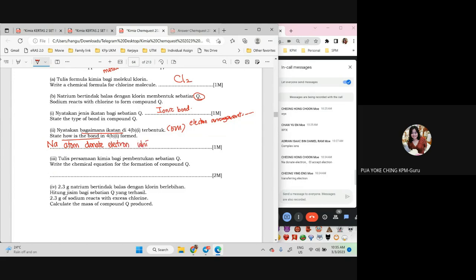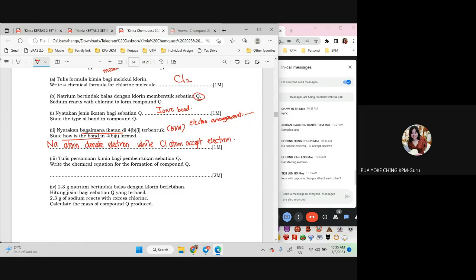While Cl atom accept electron. And if you want to use this answer, it must have both donate and accept. Okay? Jawapan sangat senang, iaitu jawapan Ying En.